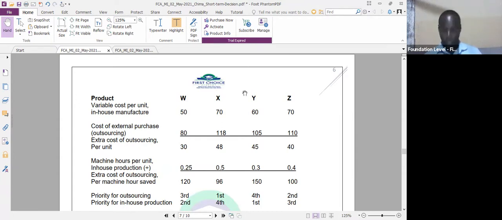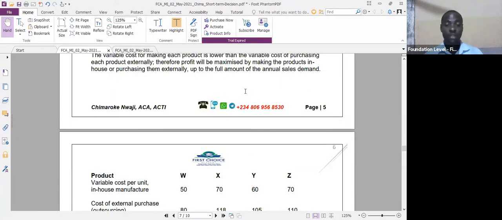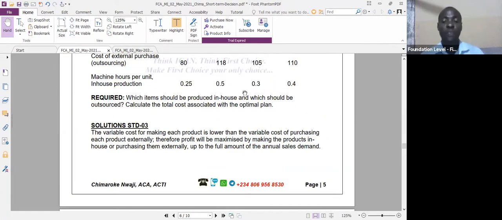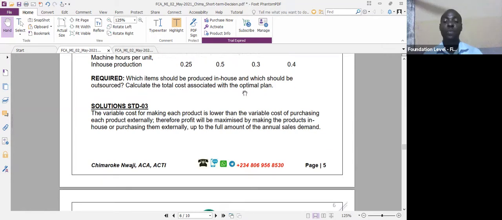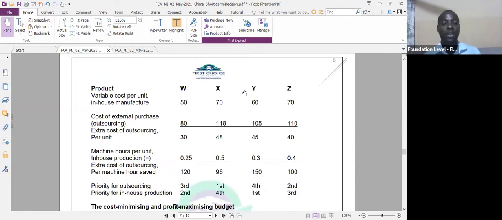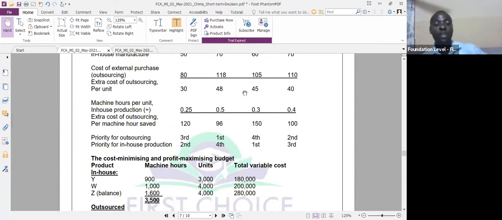We are given 0.25, was given in the question, 0.25, 0.5, 0.3. Okay, now the extra cost per hour saved is that 30 naira divided by 0.25.